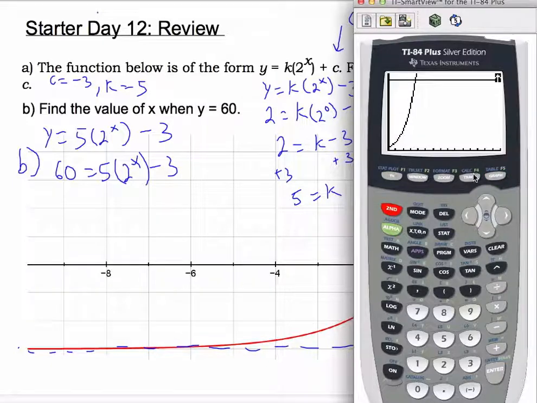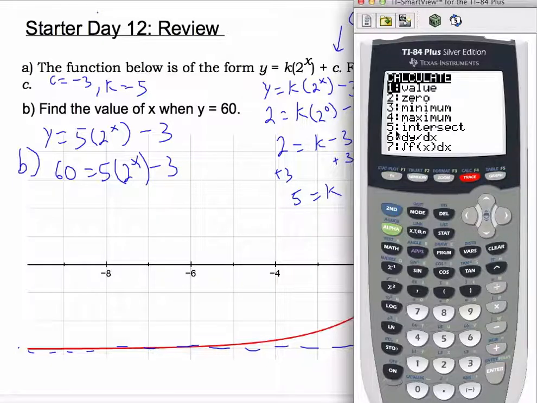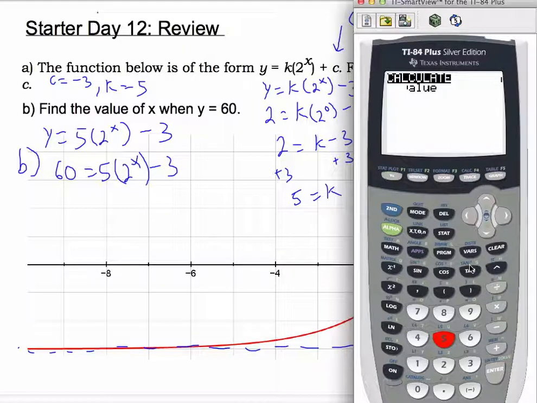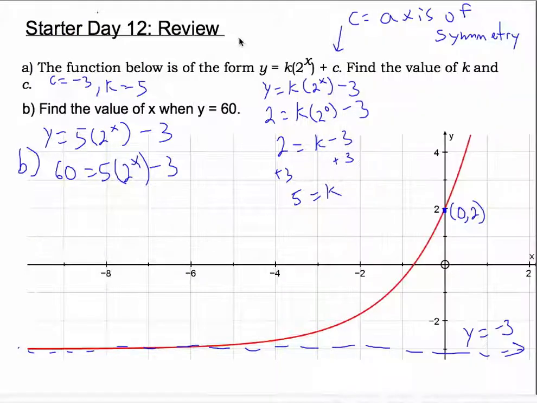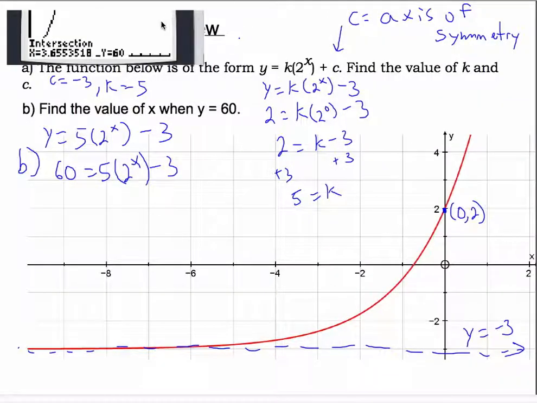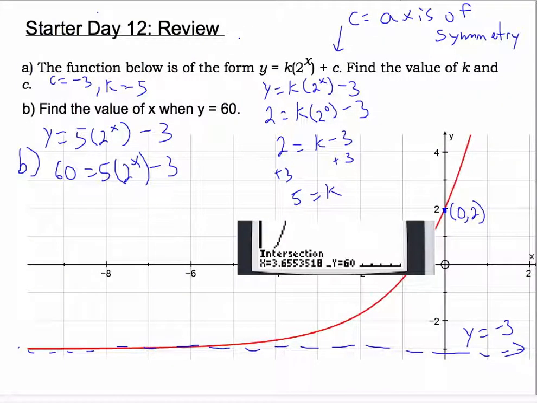So I go to second function trace. I go to intersect, which is number 5 here. And I just press enter, enter, and try to go a little bit closer to the point of intersection. And there we go. So this is our intersection. So it asks us for find the value of x.